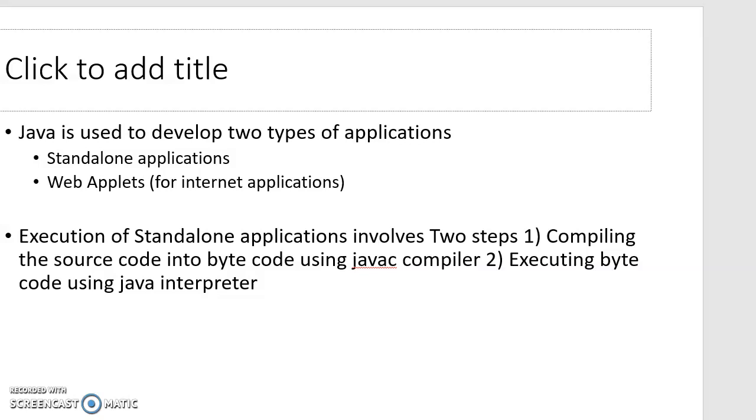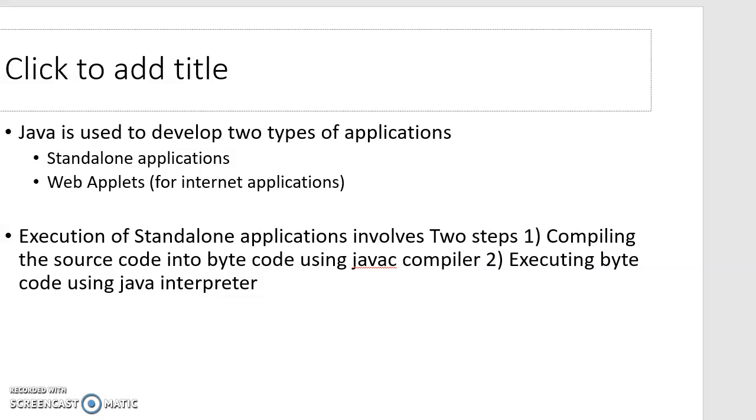All those are standalone applications. Web applets would be requiring internet for their running and functioning. So we will be looking into web applets as part of one of our activities, and the remaining we'll run our programs and see.